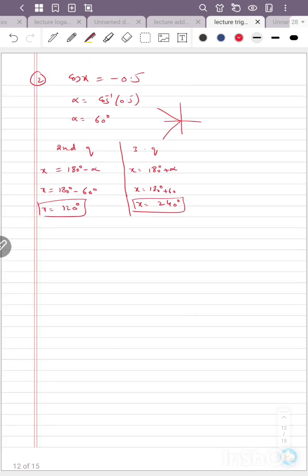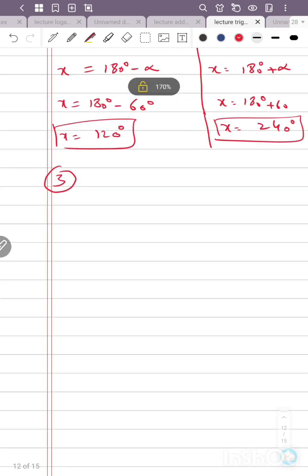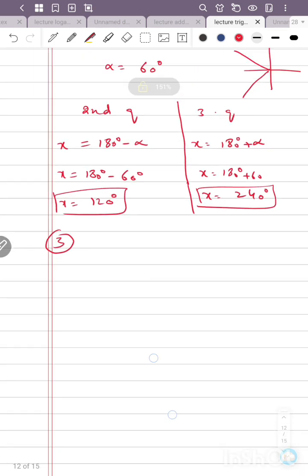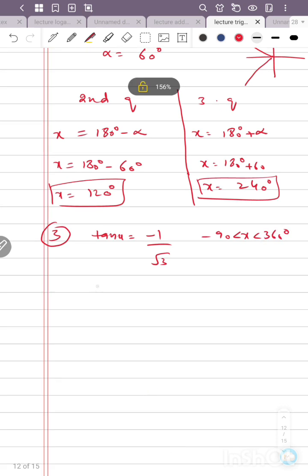Okay, dear friends, now move forward. We have a third question. The third question is about tan of x equal to minus 1 by square root 3, where the interval is minus 90 less than x less than 360. Now again we have to write it in the form of alpha.